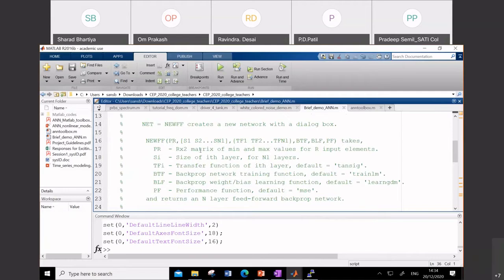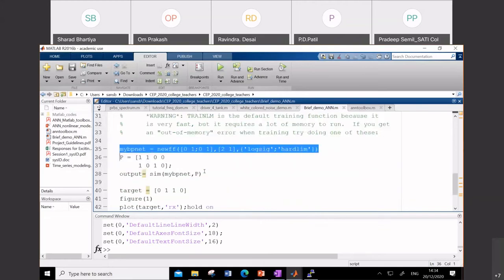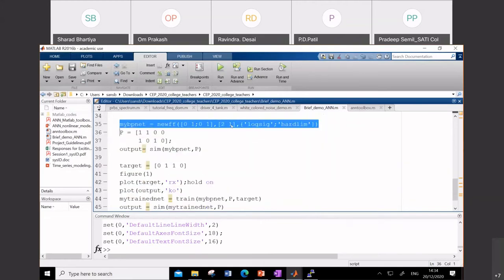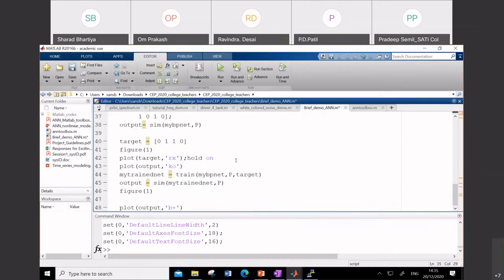P is the input, and then it looks like I put 2 nodes in the, or two layers. Oh, okay. Let's just make it 1 layer and see what happens. If needed, I will just increase it and make it 4. Now see, I'm going to put log sig here, and I'm going to put hard lim. Hard lim is that yes, no, because I know that the outputs are 0 or 1. Okay, and see how it performs. So it's probably going to be very similar. So I'm not going to run it one by one, but just run this code.